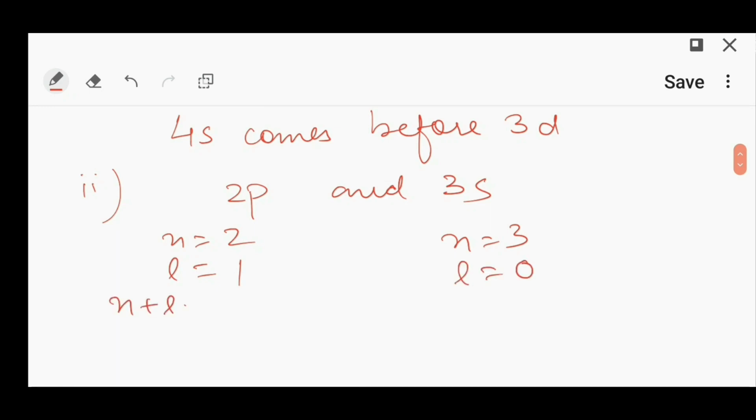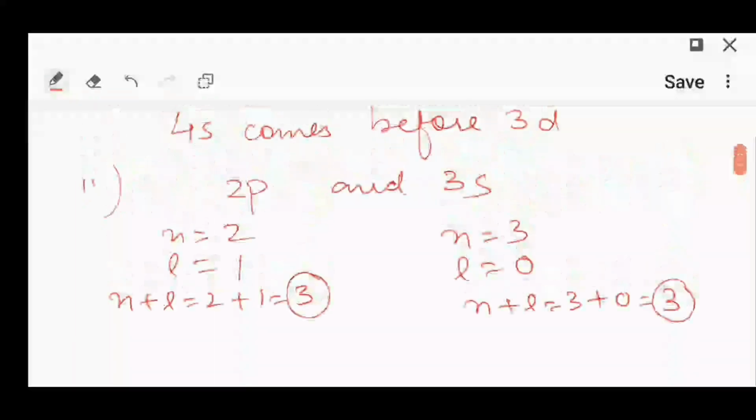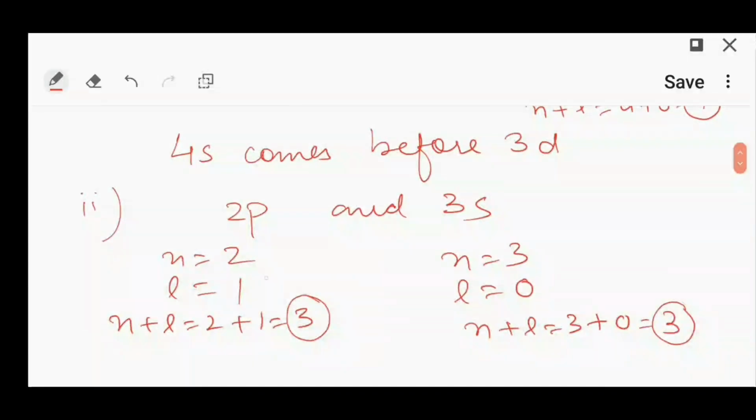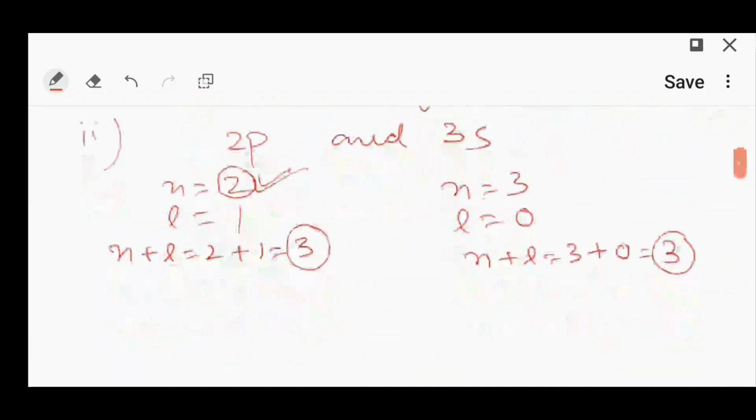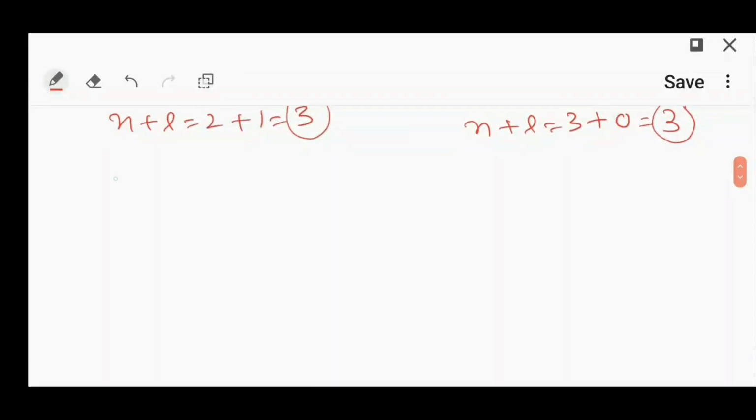Now n plus l comes out to be 3 in both cases. So if the value of n plus l comes out to be the same, the orbital which has the lower value of n will be filled up first. So in 2p, the value of n is 2, so the 2p orbital comes before 3s.